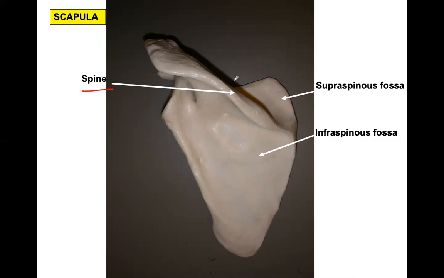The part that sits above the spine, which is the smaller part, and this large piece that sits below the spine. So the top part is called the supraspinous fossa. Again, supra as in on top, superior, spinous as in spine, fossa as in surface. And this surface that sits below is called the infraspinous fossa. Infra comes from the word inferior.